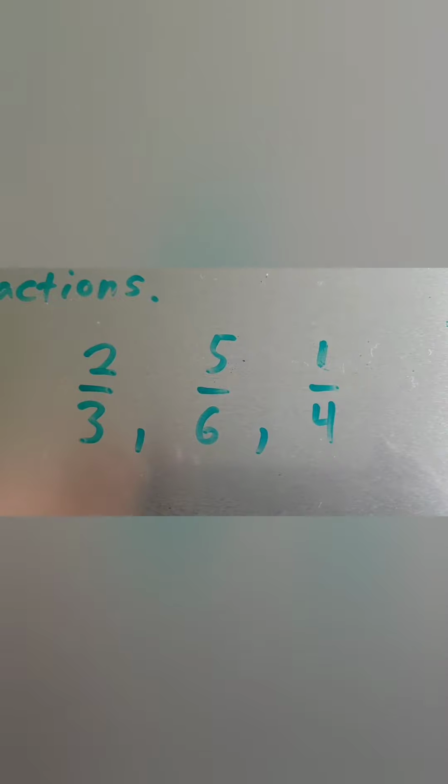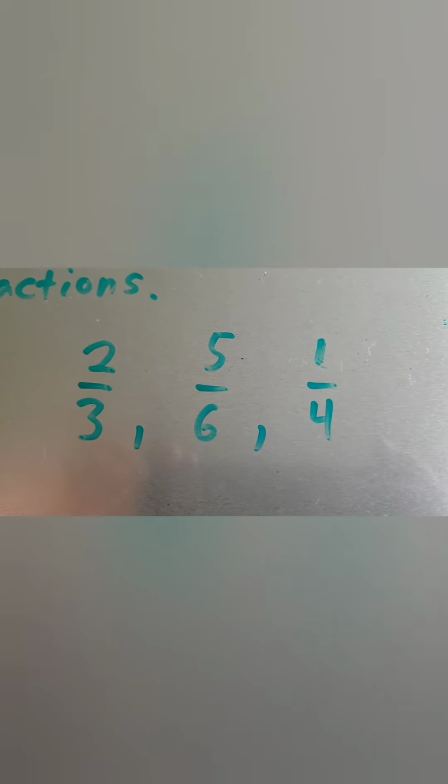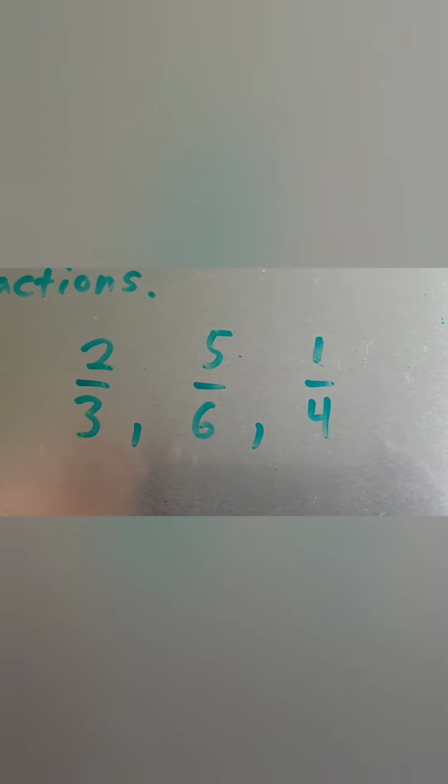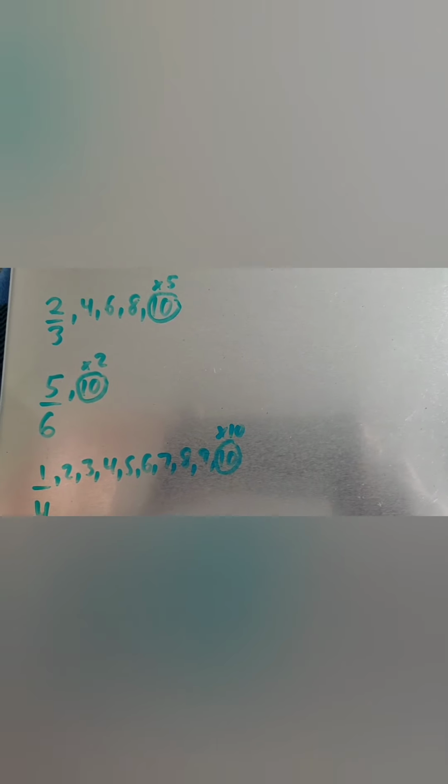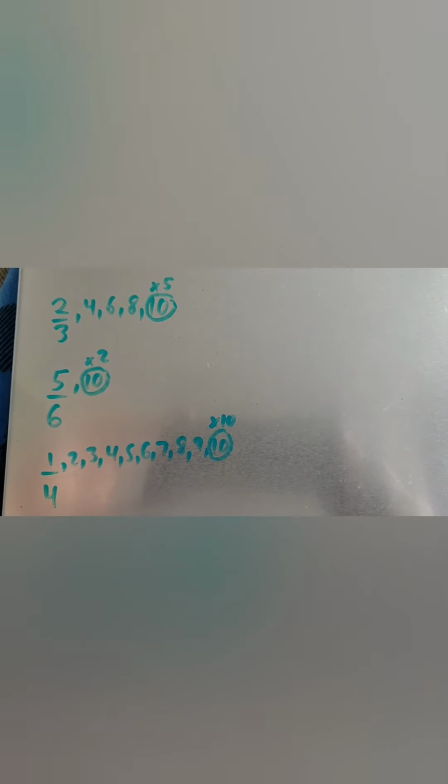So first I'm going to model it finding common numerators. To do that, I'll write 2/3, 5/6, and 1/4 above and below each other. I'll skip count the numerators till I find a common numerator, and we'll go from there. So this time I needed to find a numerator such that I could express all three fractions with common numerators.